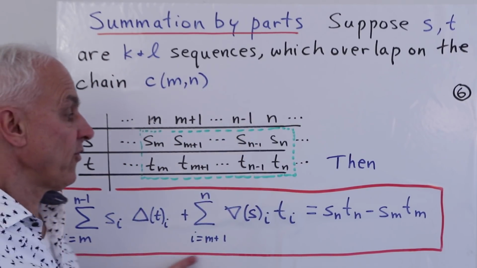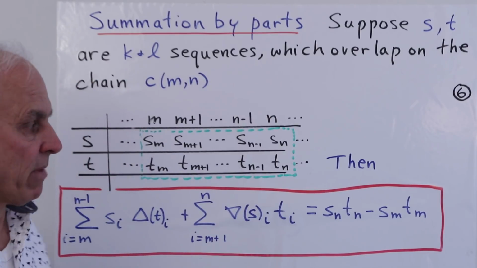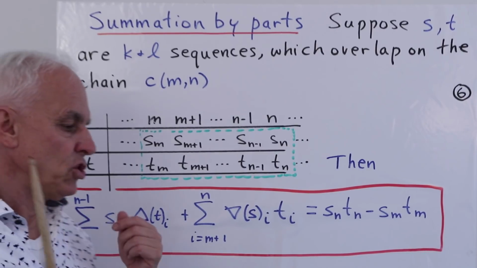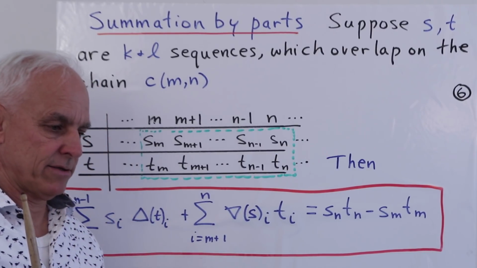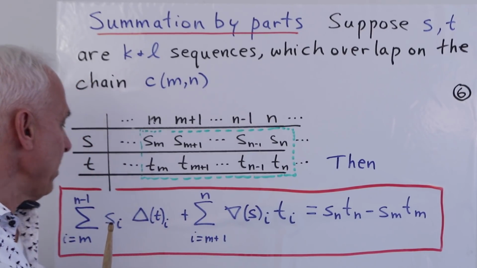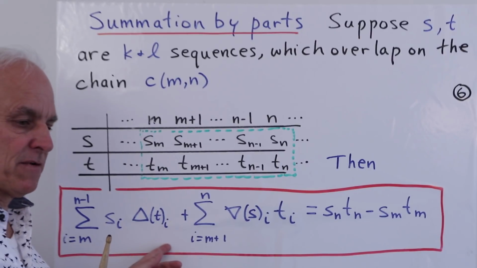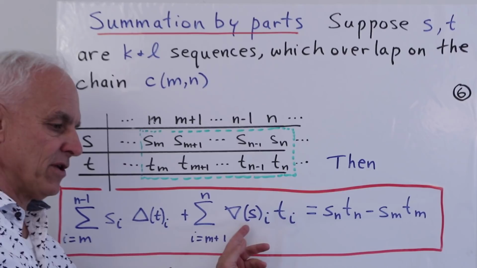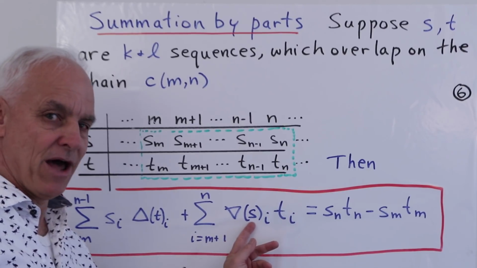Okay, so here is the way we're going to think about summation by parts. It's a formula that involves two kinds of products. Well, there's two summations, and one of them involves a difference formula for one of the sequences, and the other one involves a difference formula for the other sequence.